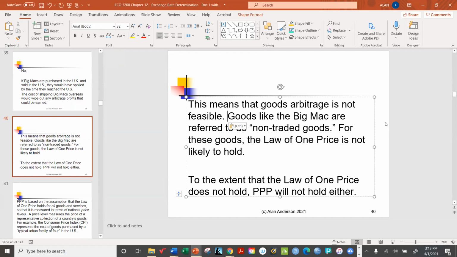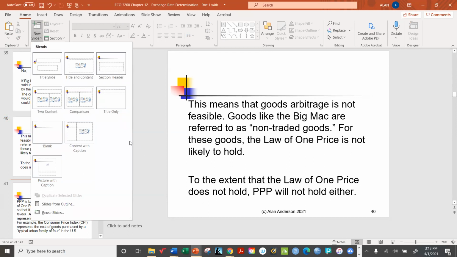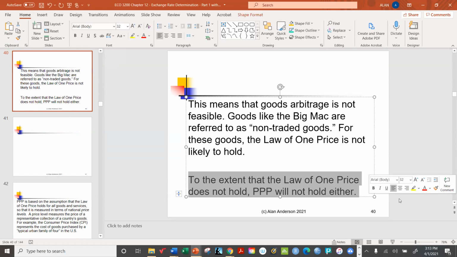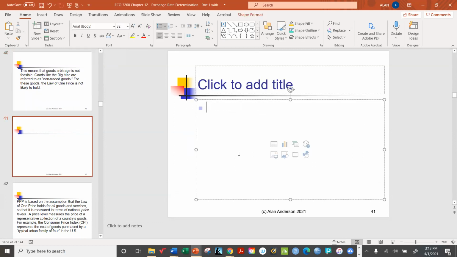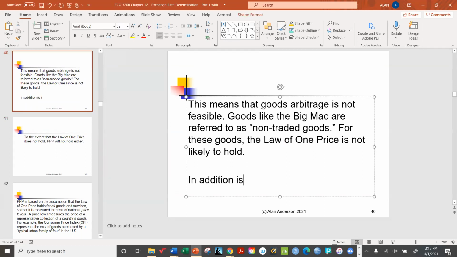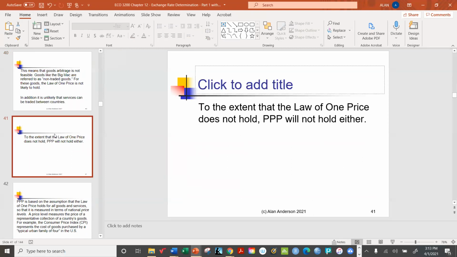Goods like the Big Mac are referred to as non-traded goods. For these, the law of one price is not likely to hold. Also, in addition, it is unlikely that services can be traded between countries.